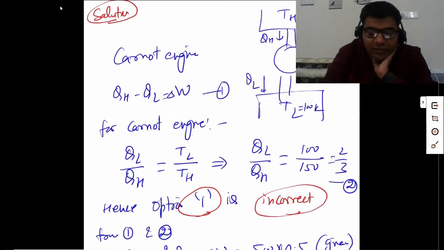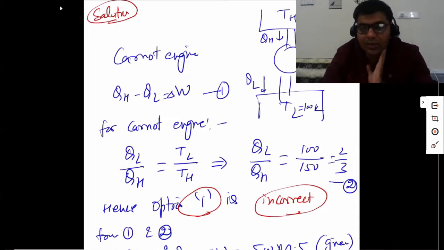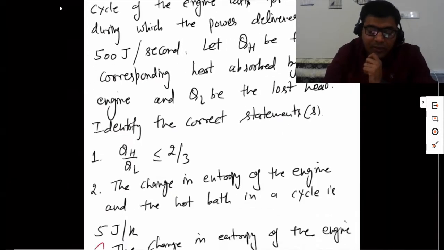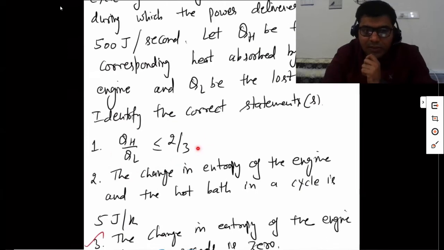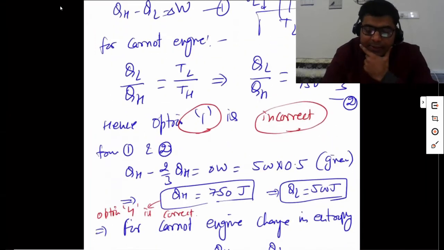So QH minus QL will be delta W, and we know in case of Carnot engine, this formula we derived in our textbook, in the study of thermodynamics, that Q2 by Q1 was T2 by T1, or here in these notations, QL by QH is equal to TL by TH. So if I substitute the value for TL and TH, I got 2 by 3, but that's for QL by QH. In the options, it was given like QH by QL. So this is not the correct option, right?